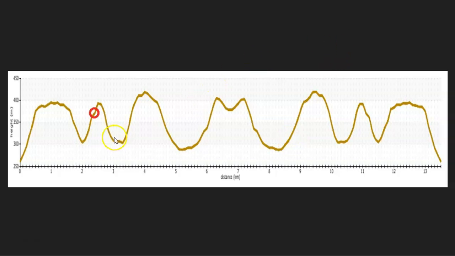So we can see here that we don't go straight up again. We spend a little bit of time at a lower elevation, then up, and it looks like there's a steep up, slight flattening, and then another climb to the summit above 400 meters here, and then a gradual descent followed by a steeper descent.